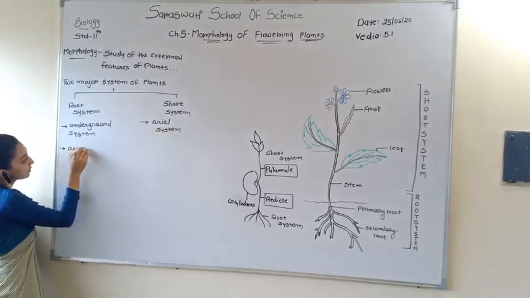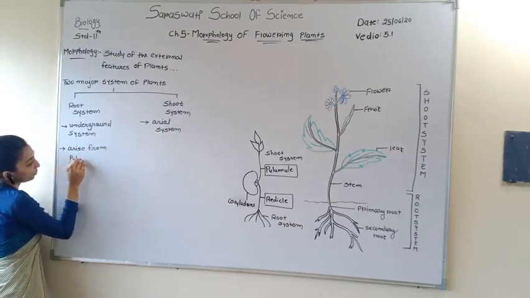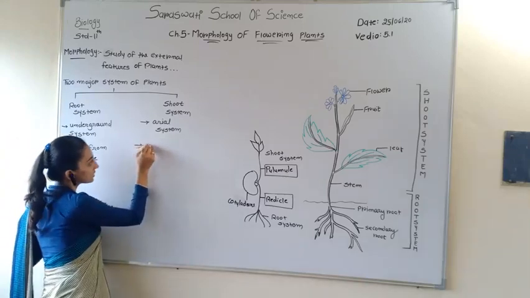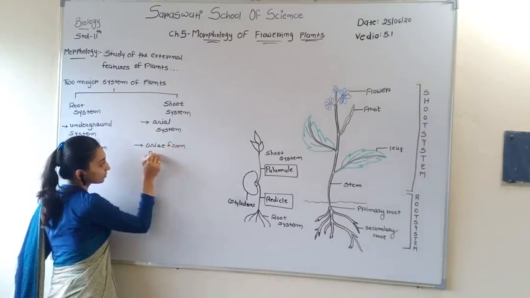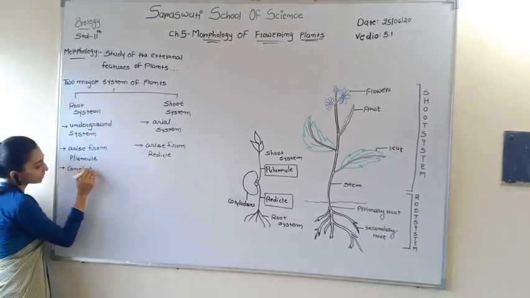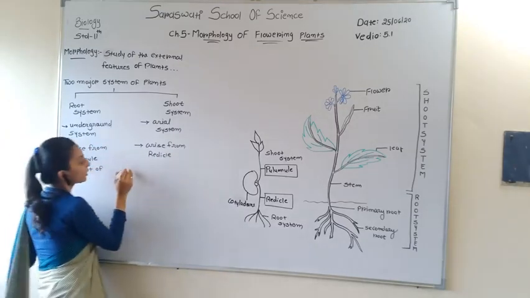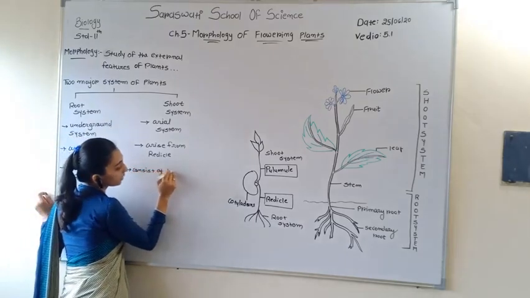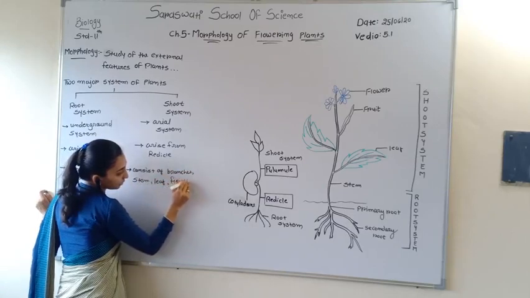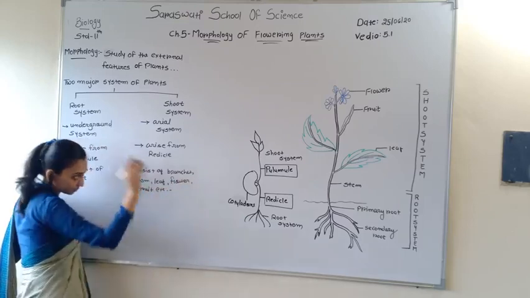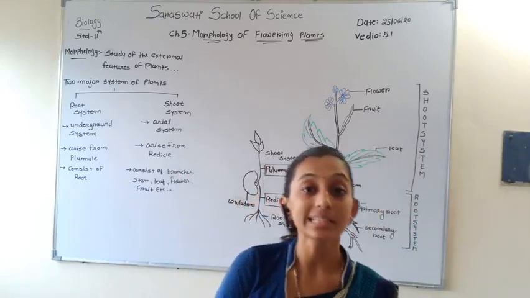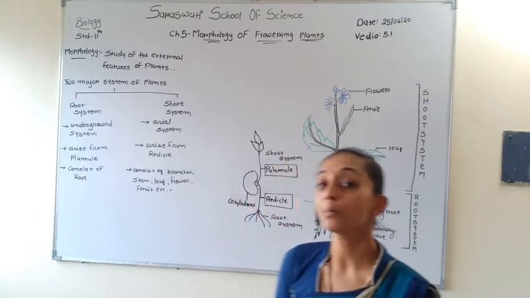The shoot system arises from the plumule and the root system arises from the radicle.